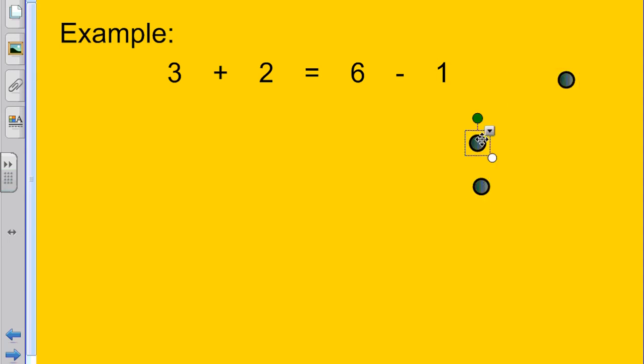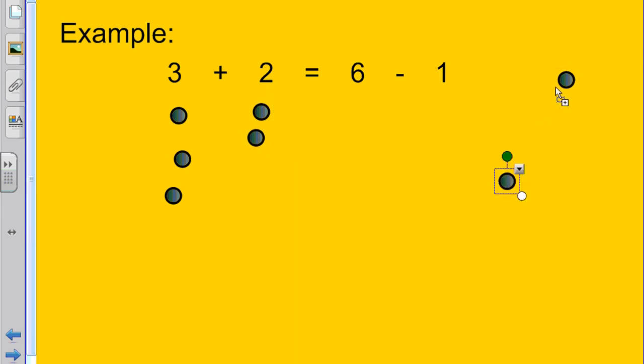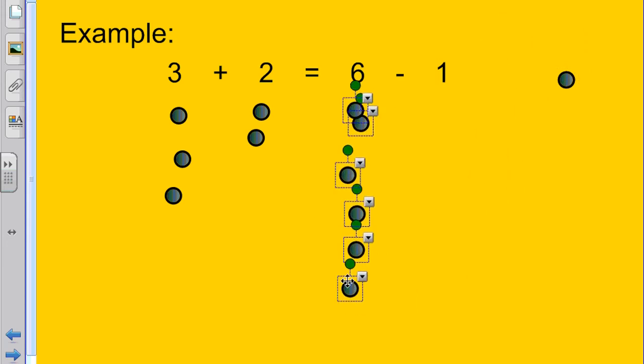Alright, so we need 3, right? Now what's next, Colby? 2 by 2. I'm getting there as fast as I can. 6. 1 by 1.